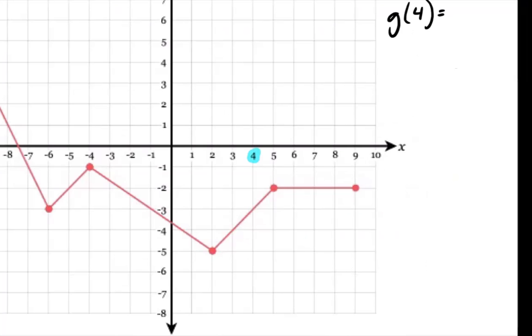So I'm looking for the y value. Well, the y value here is right there. That dot is at 4, -3. So g of 4 is equal to -3.